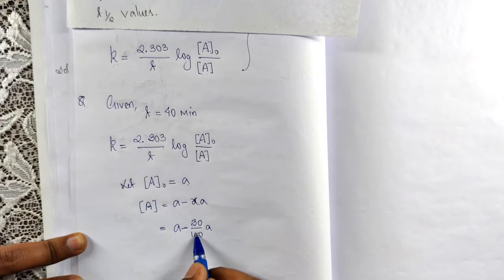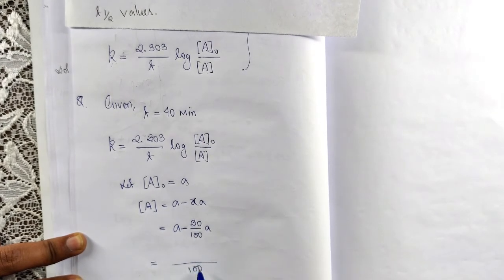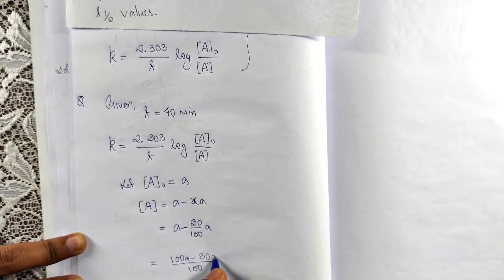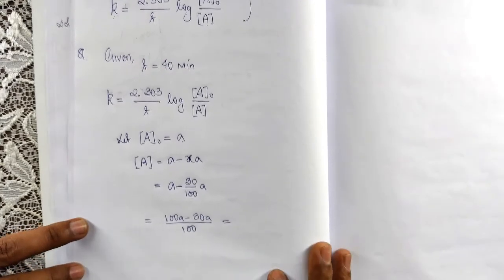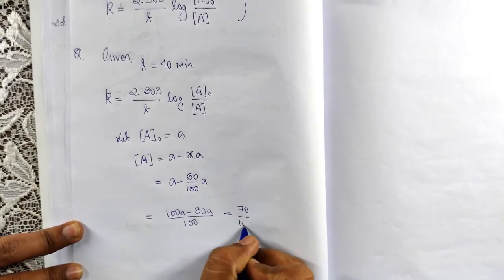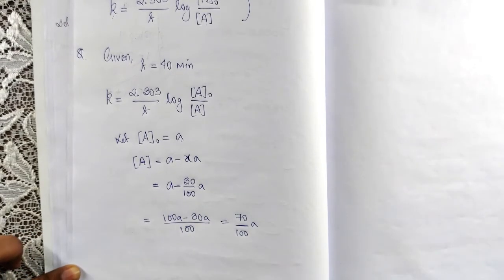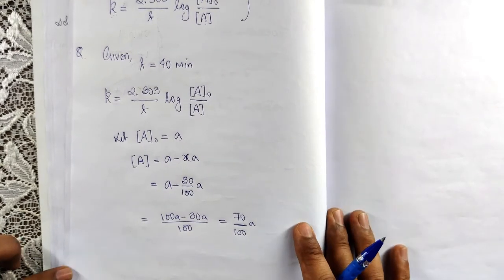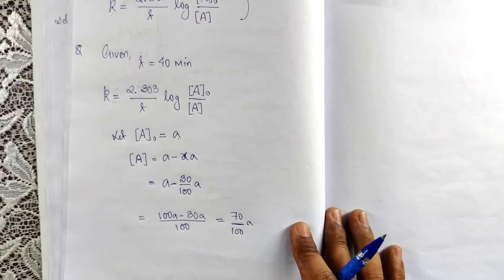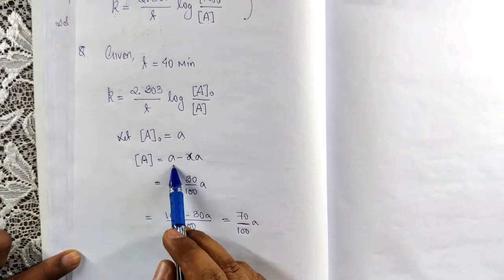Now you take the LCM: 100 a minus 30 a equals 70 by 100 a. I'll just keep it like this, 70 by 100 a. I hope till here you understand. Let A naught be a, and A be a minus x a.